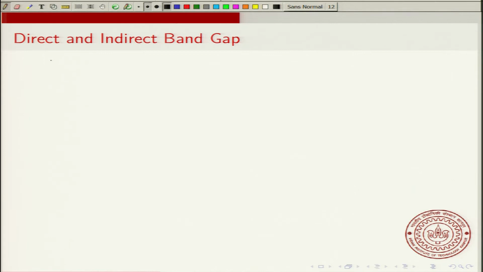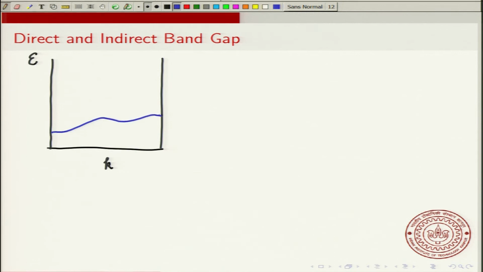So, if you have a band structure, let me draw a band structure. This is some wave vector axis, and you have the energy as a function of wave vector. This is k along some direction. And the band structure will have, let us say, various bands.